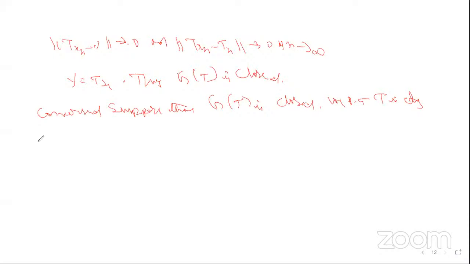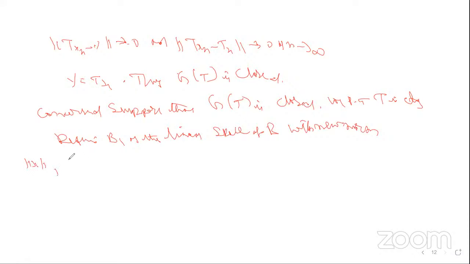So define B1 as the linear space B with the new norm: the norm of x1 is equal to the norm of x plus the norm of T of x.